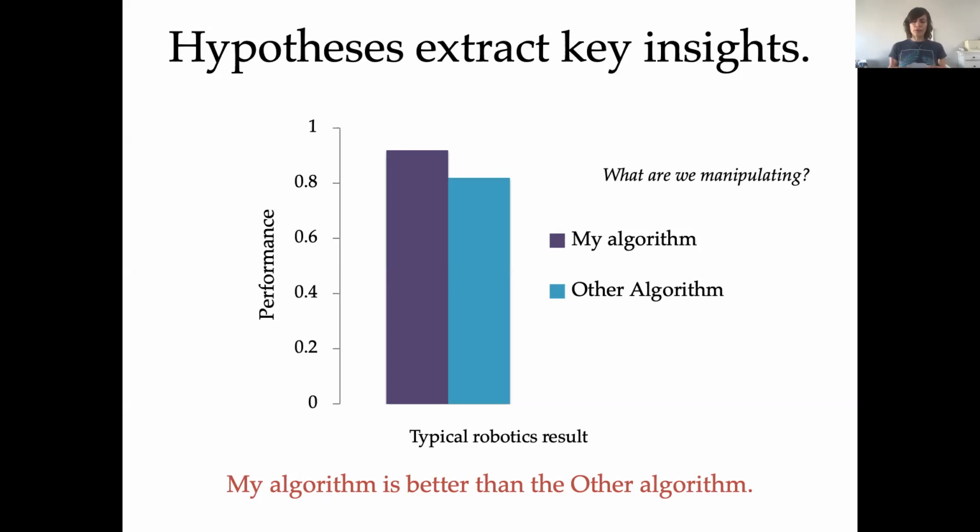So instead of just saying, I'm making a thing and it's better, you're going to come up with essentially the thing that's actually changing between the things, which is almost going to act as a more generalizable idea that's going to live beyond your application to one specific instance of an algorithm, and we're going to get back to that later.